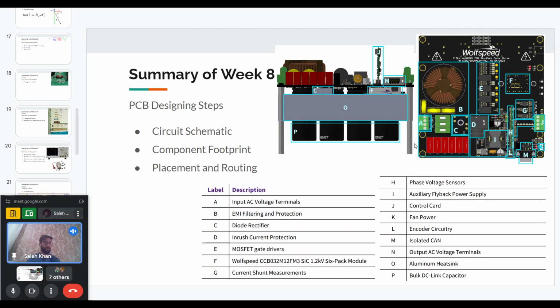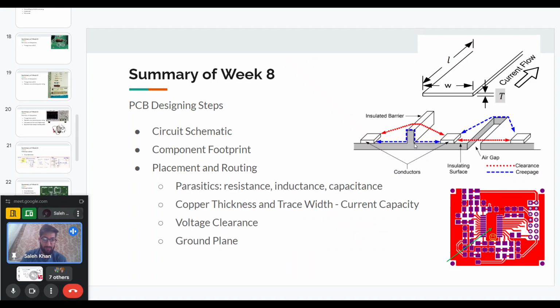There are some rules on what is optimum placing, what is bad placement and what is good placement, and then you route the different components. I cannot go into the details, but we can have some basic principles. When you route, you have to understand that the PCB traces, which are basically the copper lines where the current will flow, will have their own parasitics. They will have some resistance, because any conductor will have resistance, and they will also have parasitic inductance.